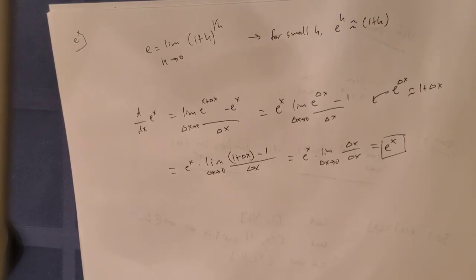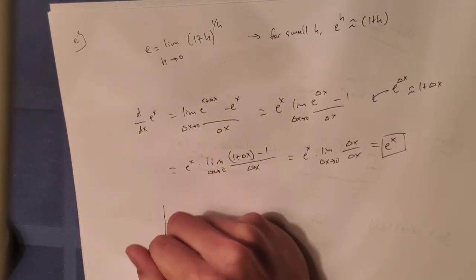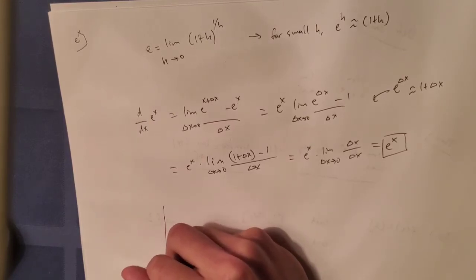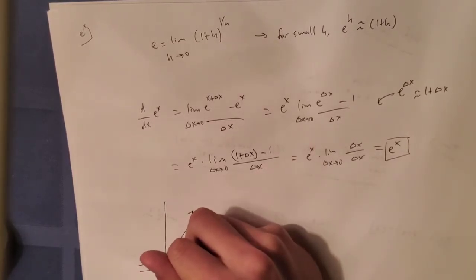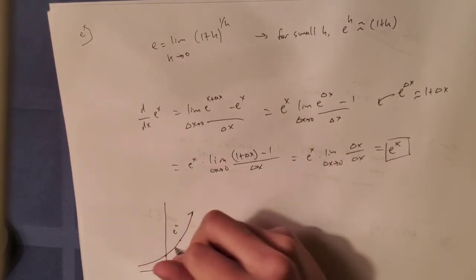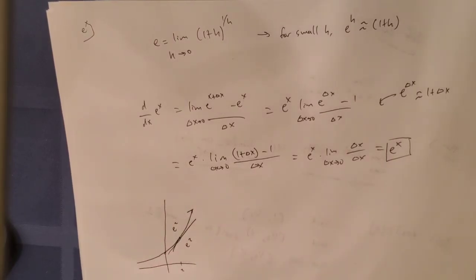So that was a pretty neat proof that the derivative of e to the x is simply e to the x. So we draw our function here, e to the x, this is 1, so it's going to look something like this. So for any point, say 2, this is e squared. The slope will also equal e squared.